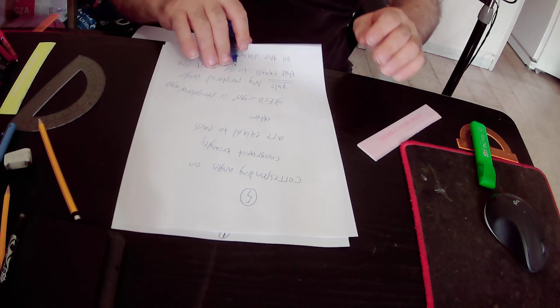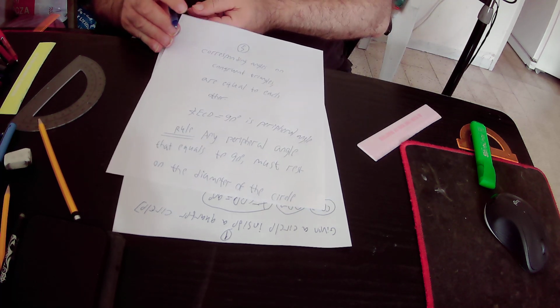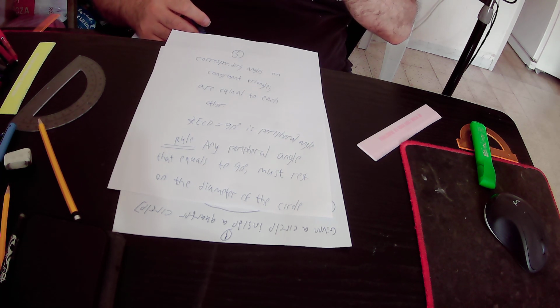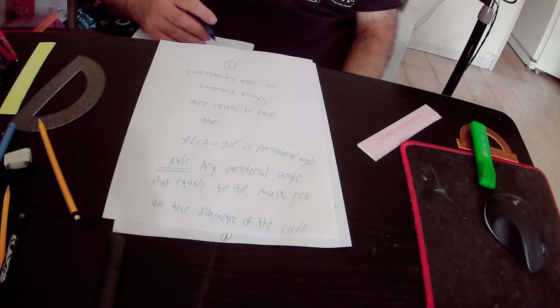So I will read the rule again. The rule states that any peripheral angle that equals 90 degrees must rest on the diameter of the circle.